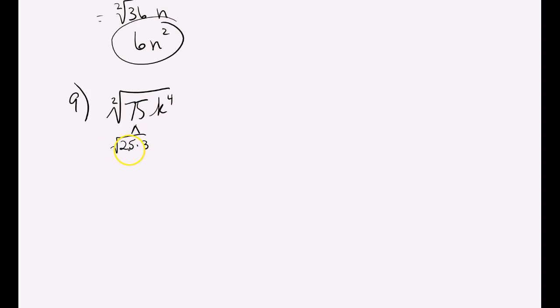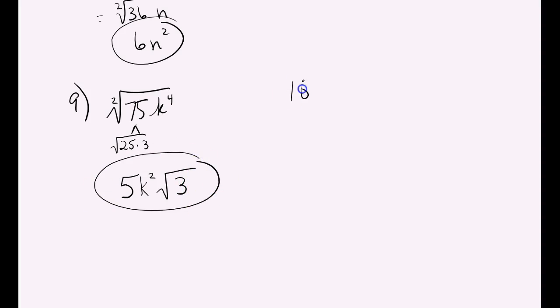And then I'm going to take the square root of 25, and that's 5. The square root of 3 stays a square root of 3. Now, I left a little space down here because now I have to do the square root of k to the 4th. 2 goes into 4 twice, which makes a square root out here with a remainder of nothing. So no k's go under here, just like that.